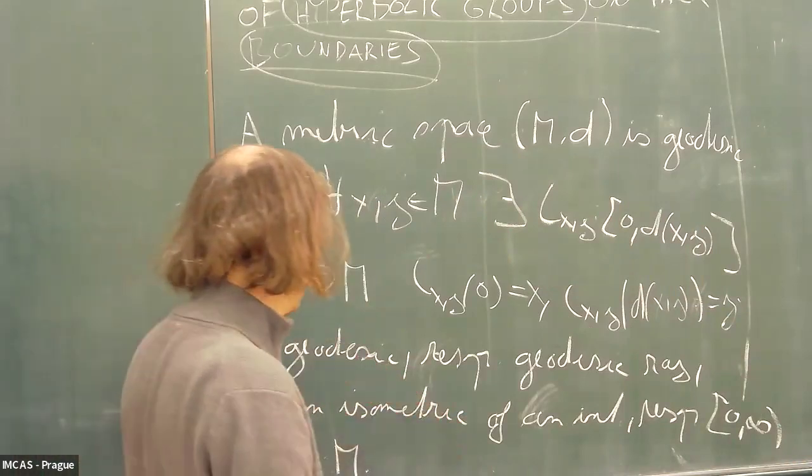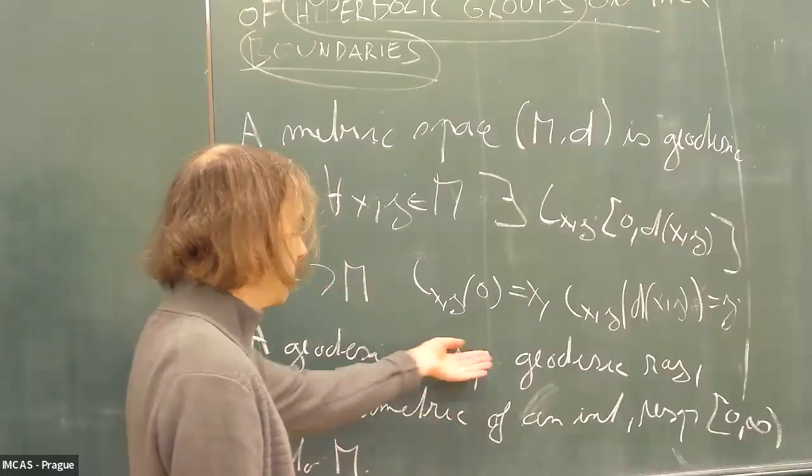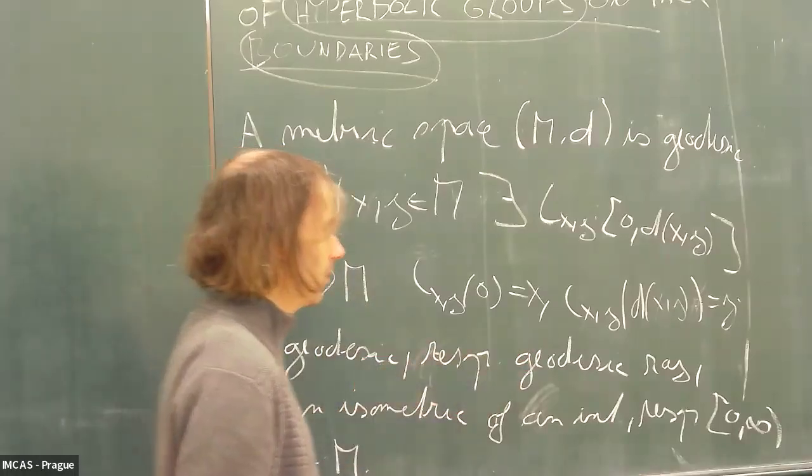But as I said, a geodesic can be both the map or the image of the map.